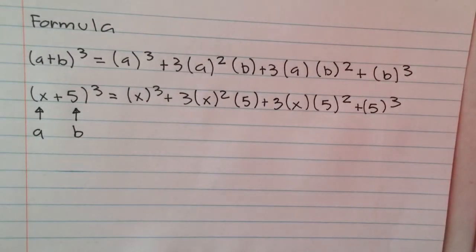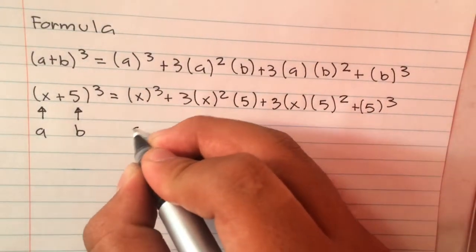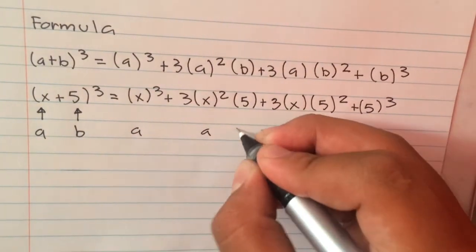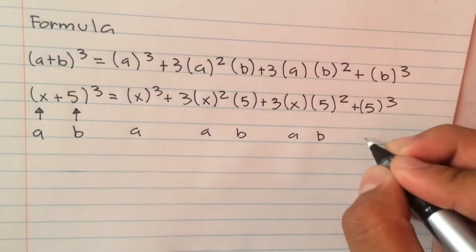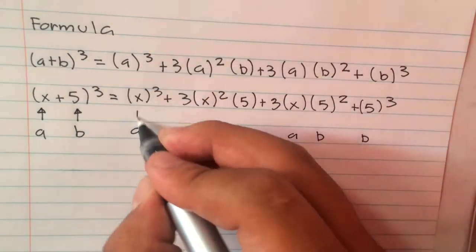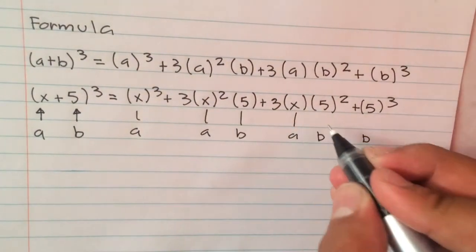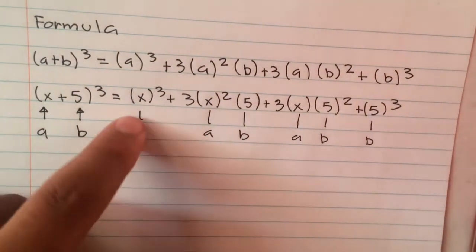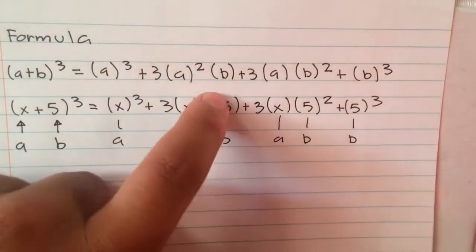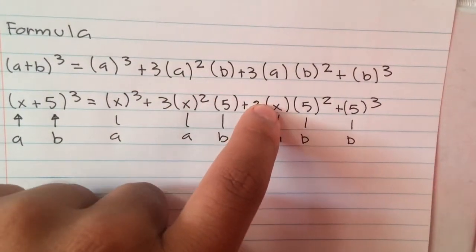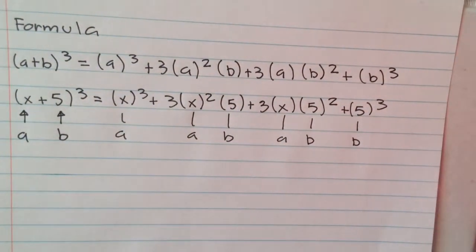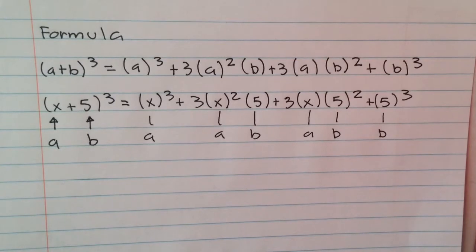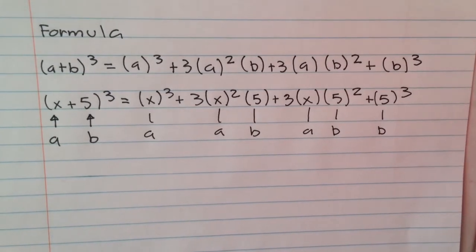Okay, and as you can see, A, B, A, B, B. Okay, so this is how this works. 1A, 1A, 2B, 1A, 2B, and right here it's just an exception. The last one's B. Okay, after that, all you want to do is simplify all that.